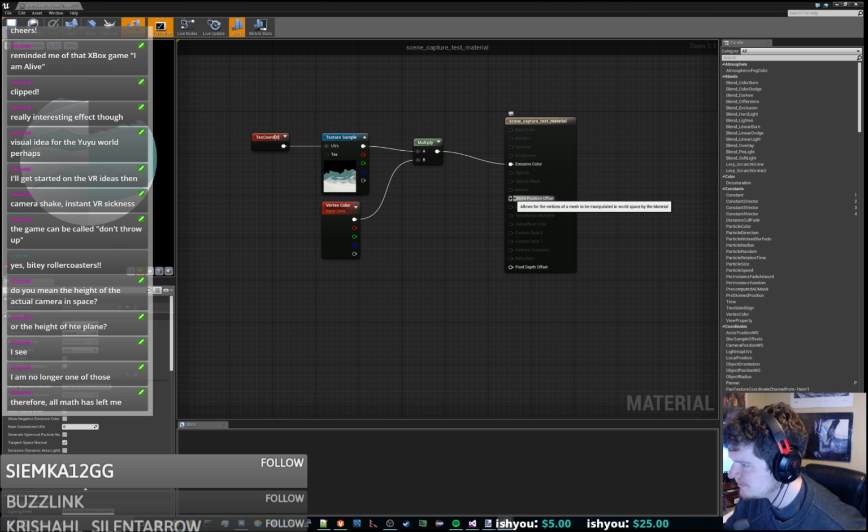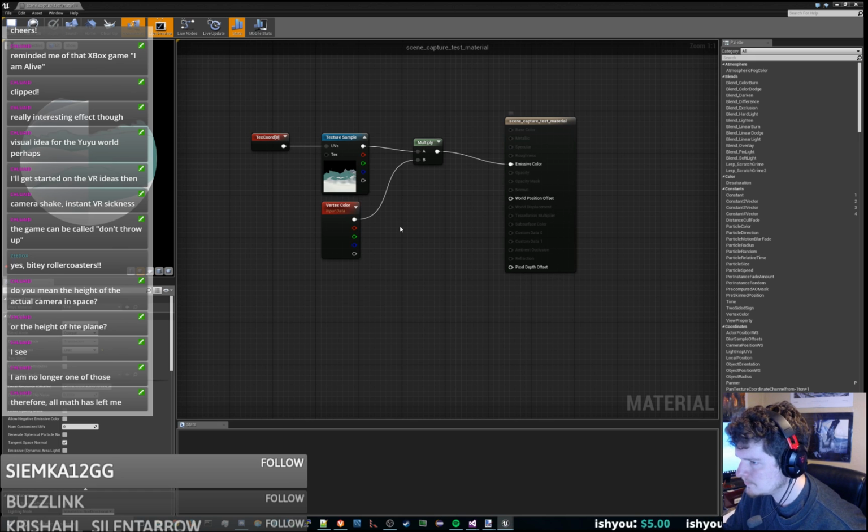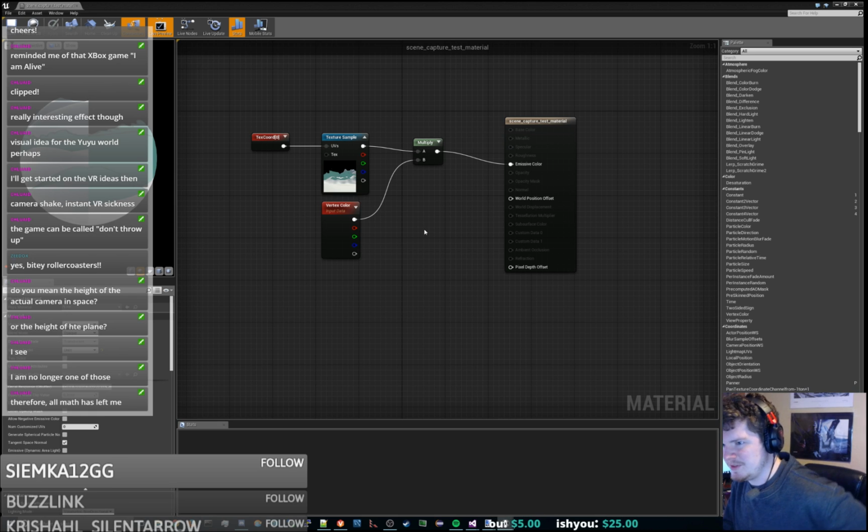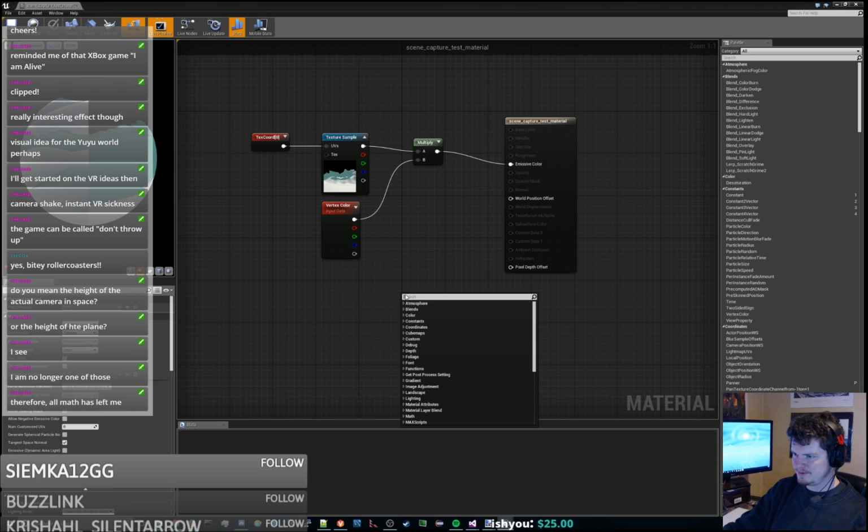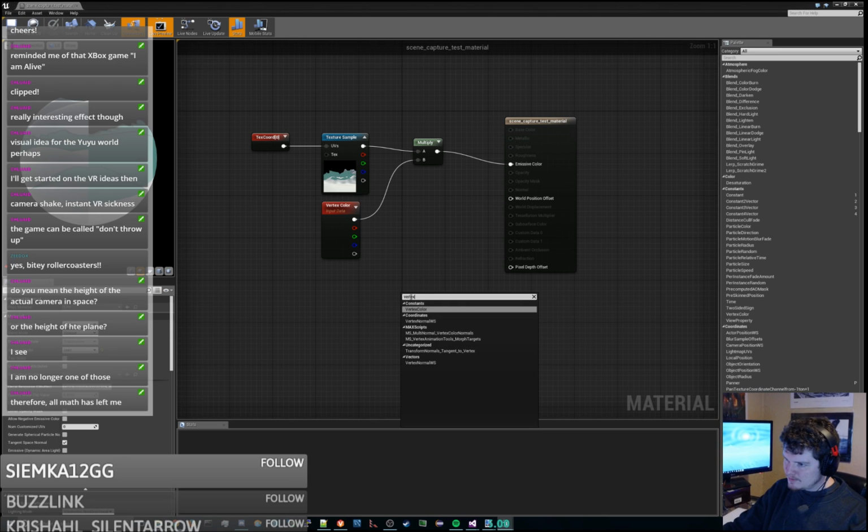Allows for vertices of a mesh to be manipulated in world space by the material. No. We need pixel depth offset. I just want vertex position, not texture coordinate. Is there vertex? There's got to be the world position.